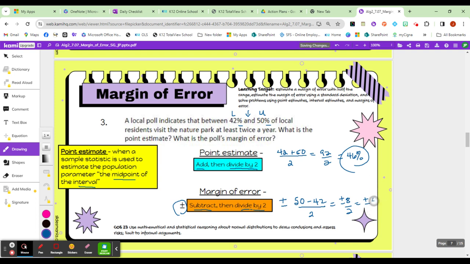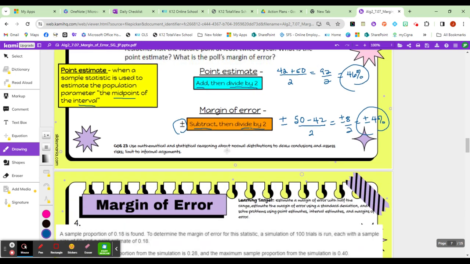Again, we are dealing with percents because that's what they gave us. So my point estimate is 46%. My margin of error is plus or minus 4% because I have to do 46 plus 4 to get to my upper limit of 50. And when I do 46 minus 4, I get to my lower limit of 42.